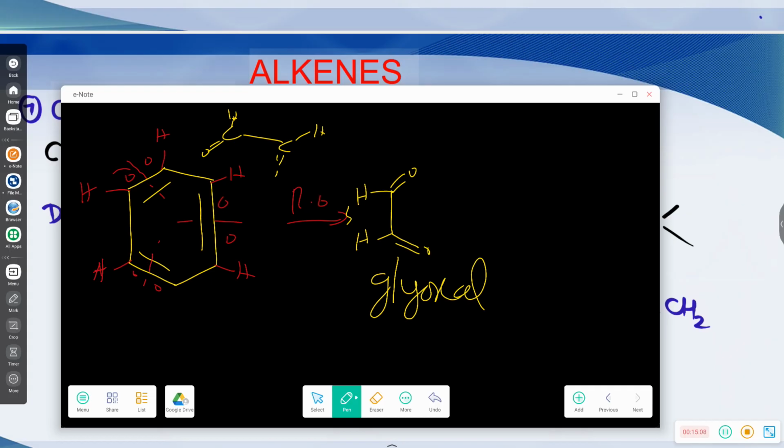Then a simple logic. Double bond break means the double bond breaks and oxygen attaches. Pay attention to this question.